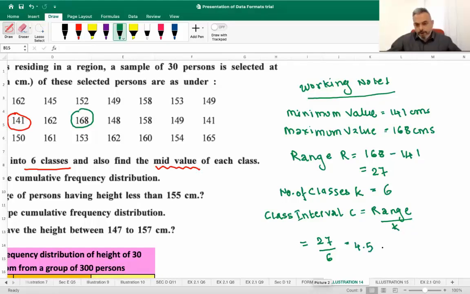Now 4.5 we will not take as class length, so we will take it as 5. Please do this working and then we go with the sum.